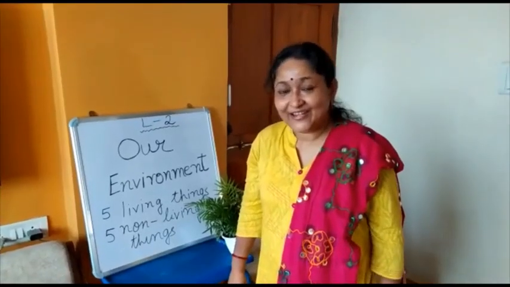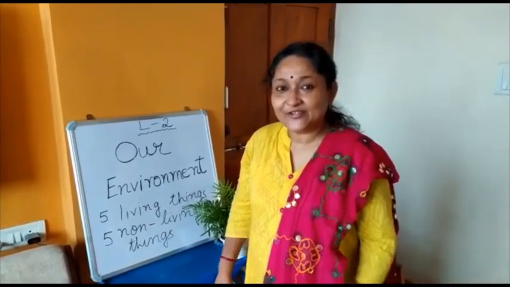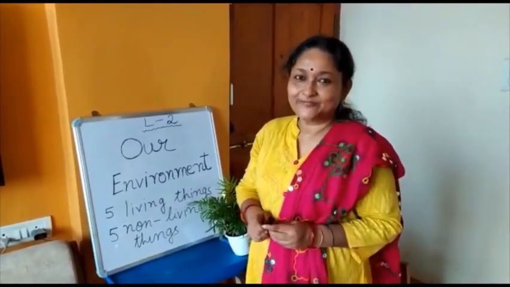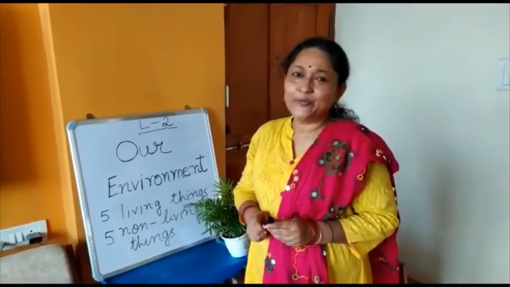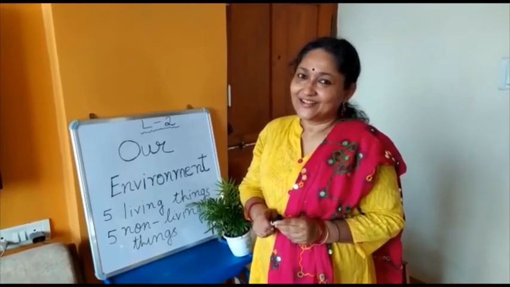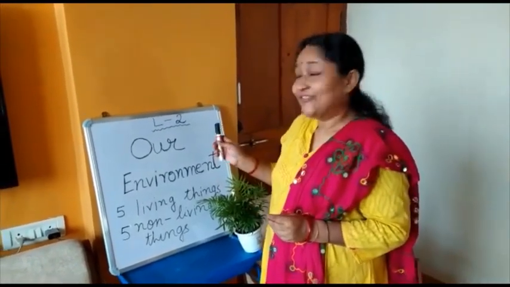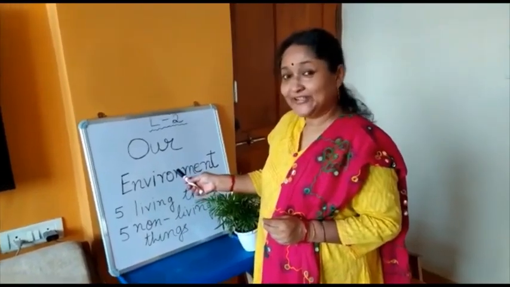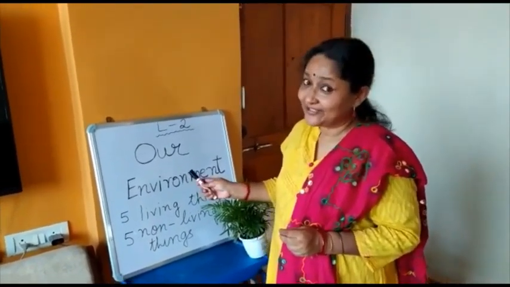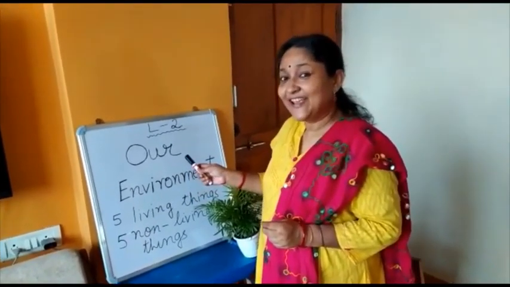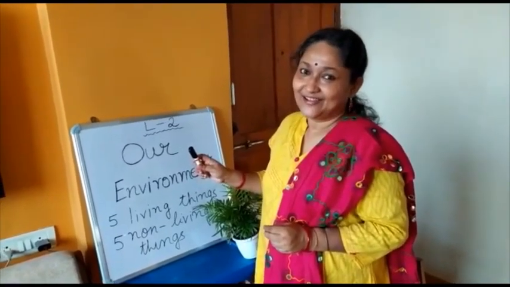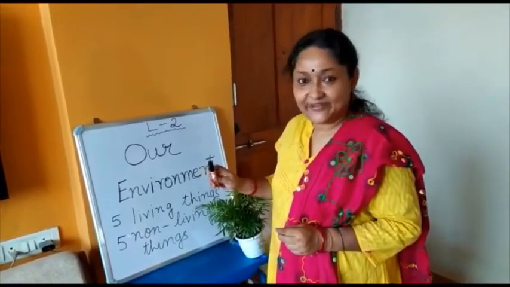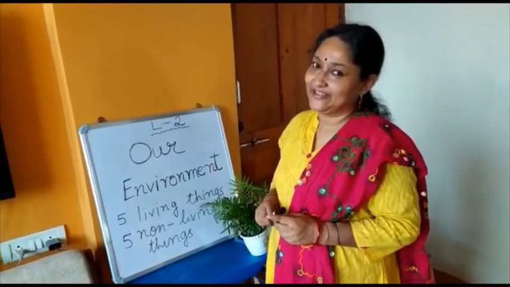So children, I hope all of you understood what I taught you. Now a small homework for you, children. We have learned what our environment is, and we have learned what we see around us. Among them, some are living things, some are non-living things.